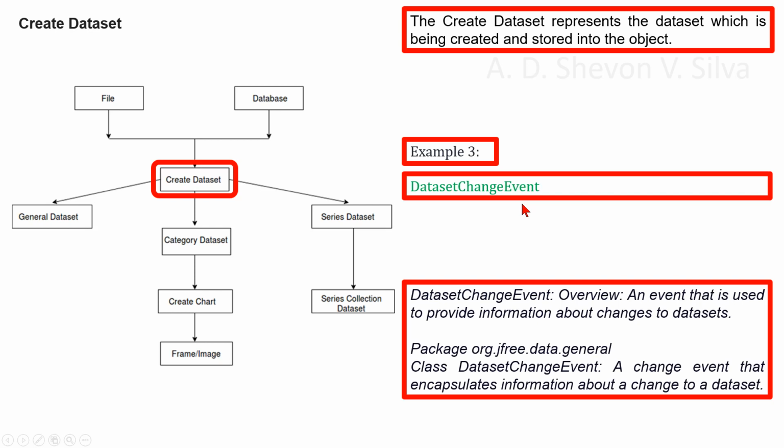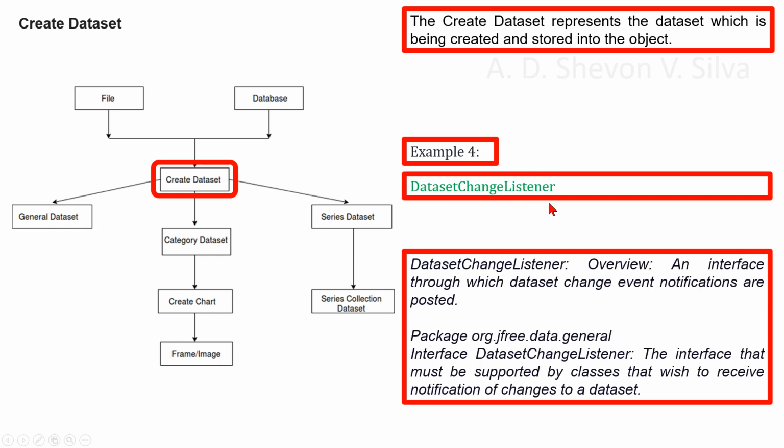In general, any change to a dataset will trigger a dataset change event, which then allows listeners to react to the change. By default, when a dataset is added to a plot, the plot registers itself as a listener with the dataset and will receive a notification whenever the dataset is changed.